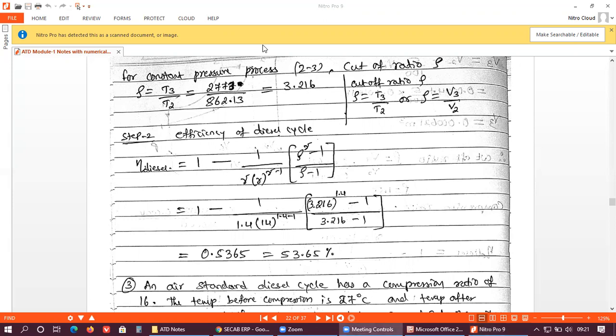Arif, you are using your calculator, no? Hanumant, Faisal, please operate your calculators.